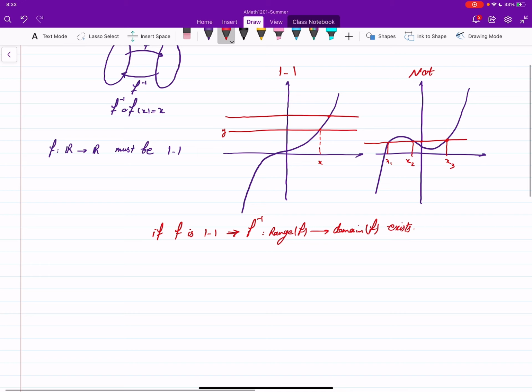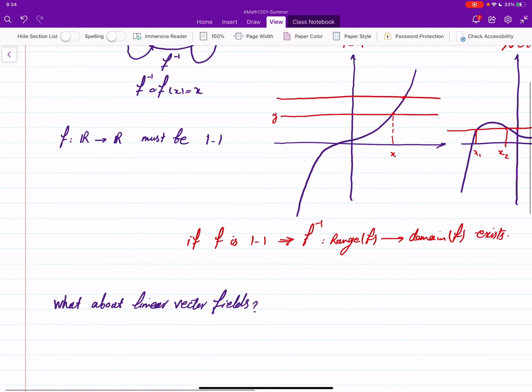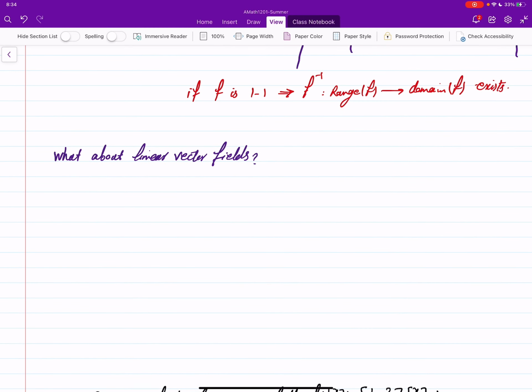Now, the question that we want to study is, what about linear vector fields? Can we determine when they are invertible or not? There is one issue that you have to see.